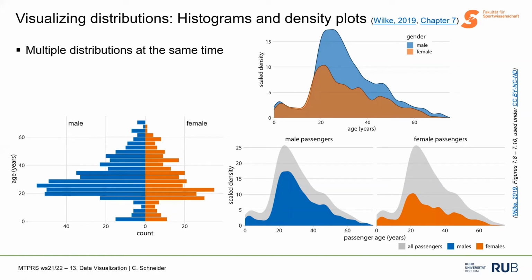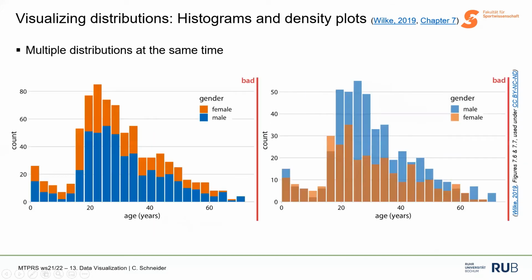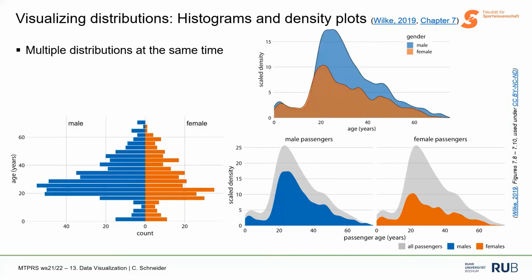Also, what we see quite often when looking at ages is this way of visualization, which also makes it very clear that the overall pattern of the distribution for females and males looks quite similar, but we have way more males. These are also different choices which are probably more efficient to display this information compared to stacked histograms or overlapping histograms. All right.